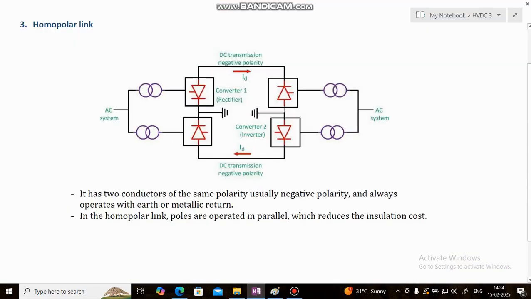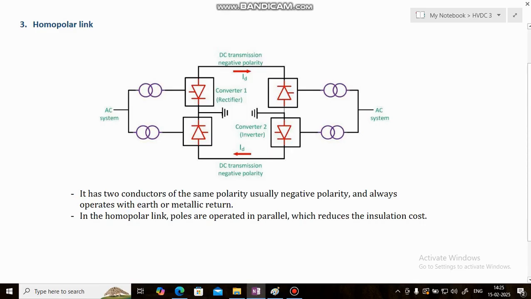The third type of HVDC link is the homopolar HVDC link. The drawback of bipolar link was that there were two conductors of opposite polarity in that system. So there was a requirement of high insulation cost. So to reduce the insulation cost, this homopolar link is the solution.